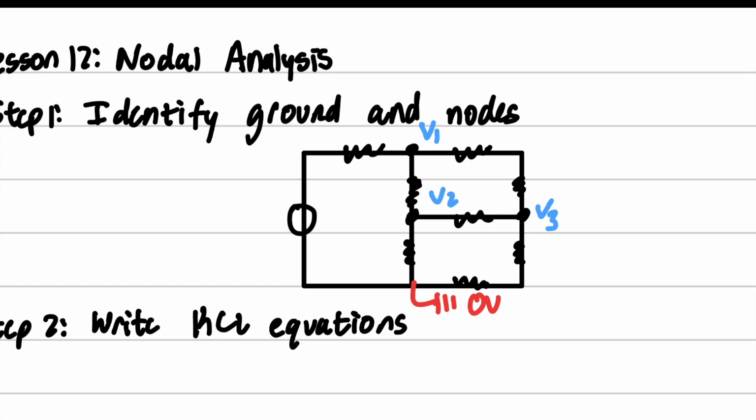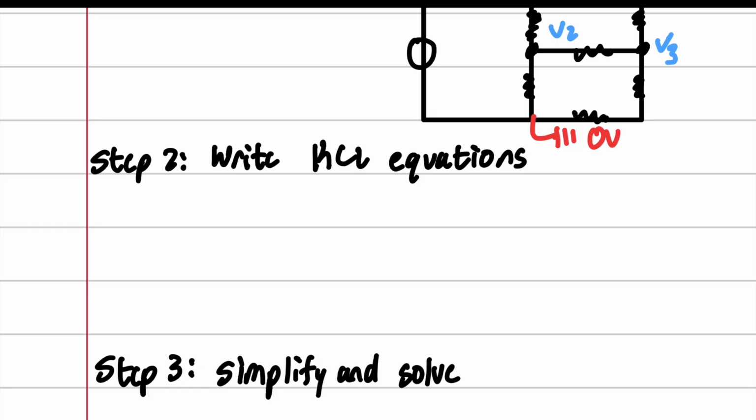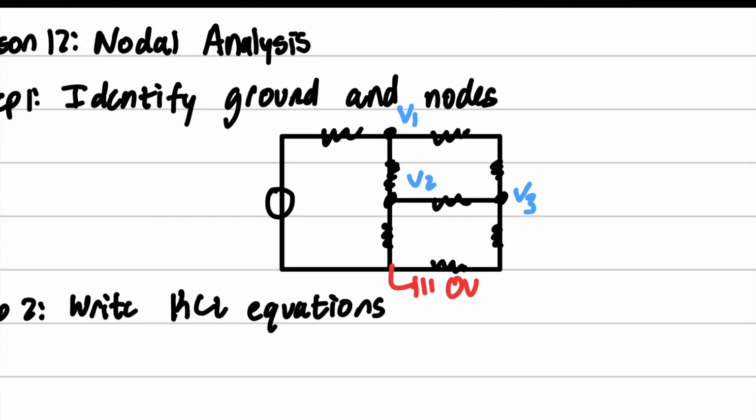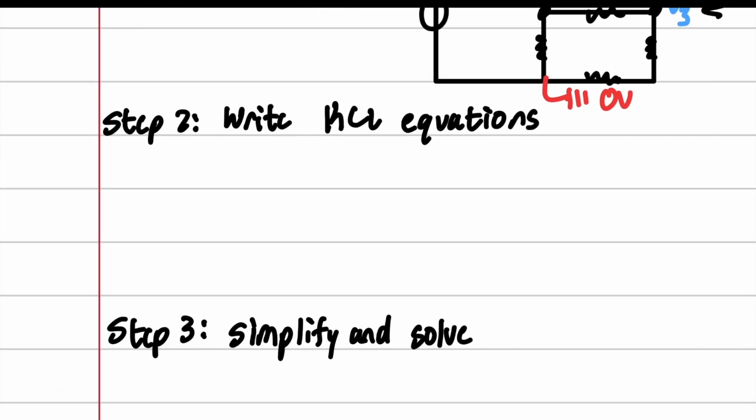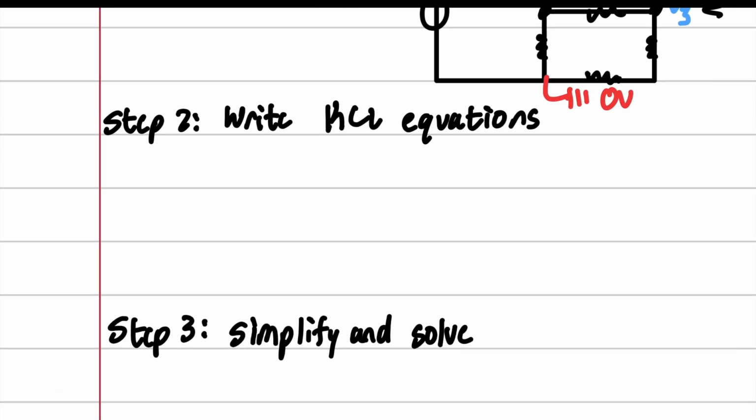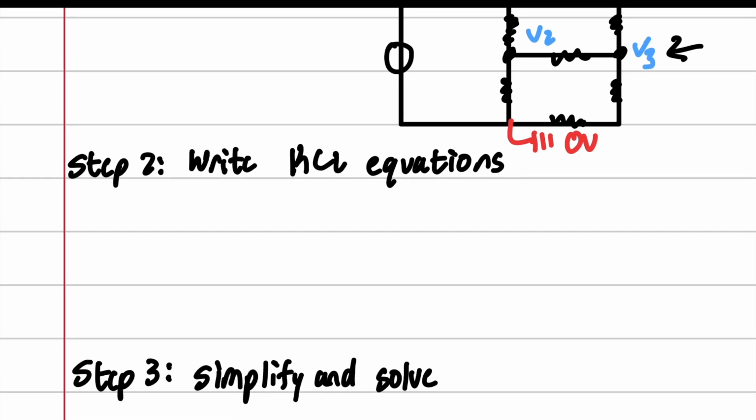So that's step 1. The next thing is to write KCL equations. Now, what do I mean by that? If you have 3 variables, like in this example right here, then you're going to need 3 equations, right? A KCL equation is based on KCL, Kirchhoff's current law, which says the sum of the currents is equal to 0.